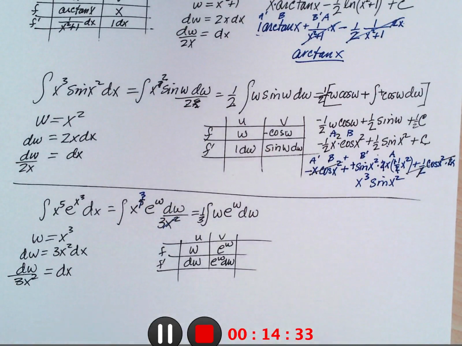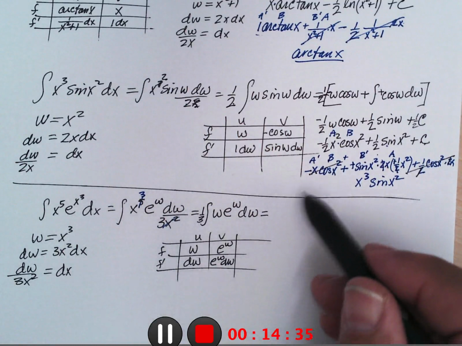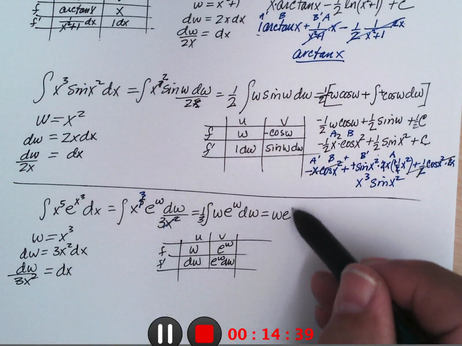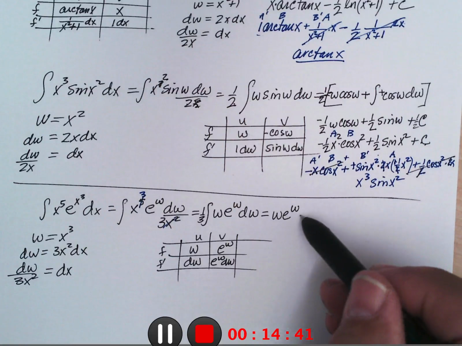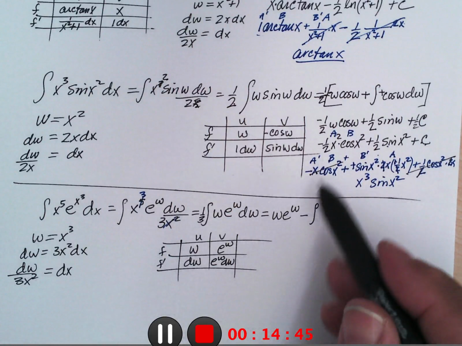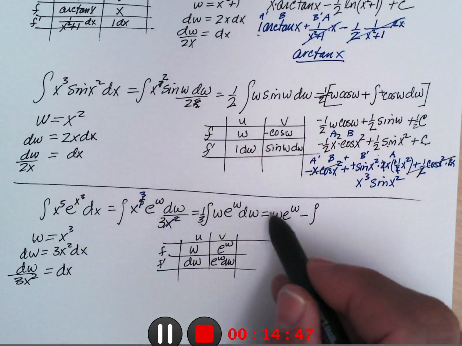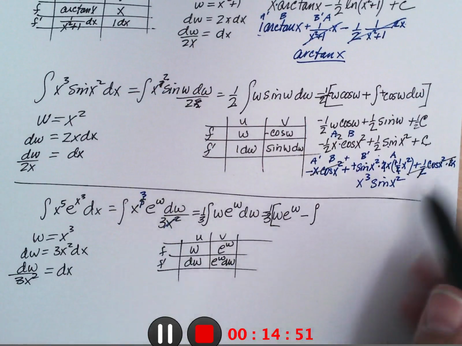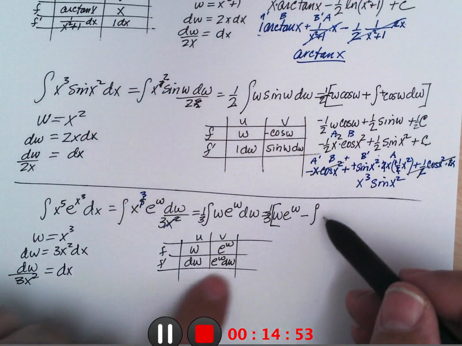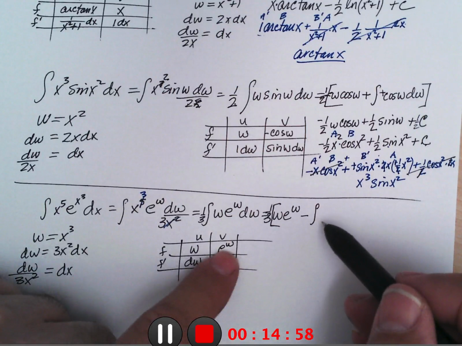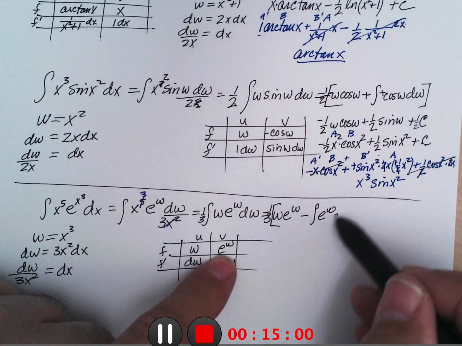And so this becomes uv, w e to the w, minus the integral of, I got a third here, got to remember that, 1/3 times all of this. The integral of these two, which is e to the w dw.